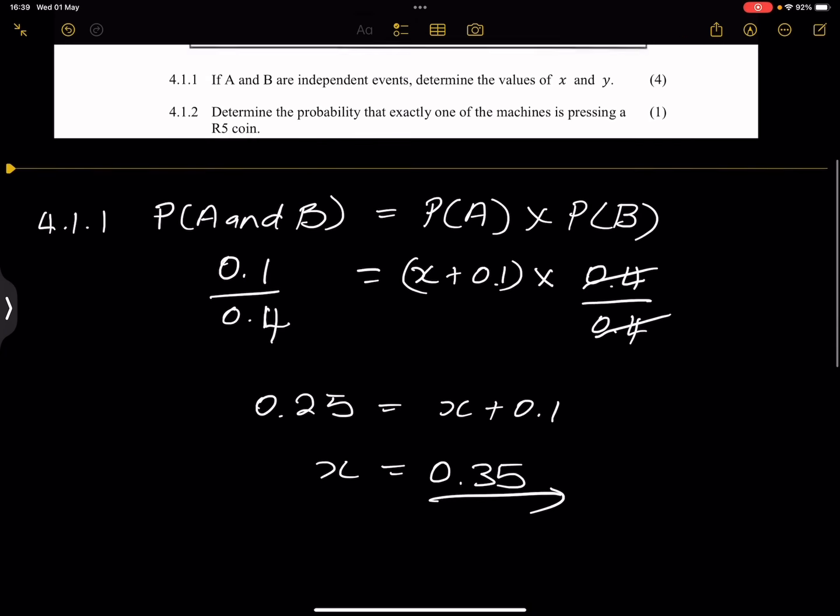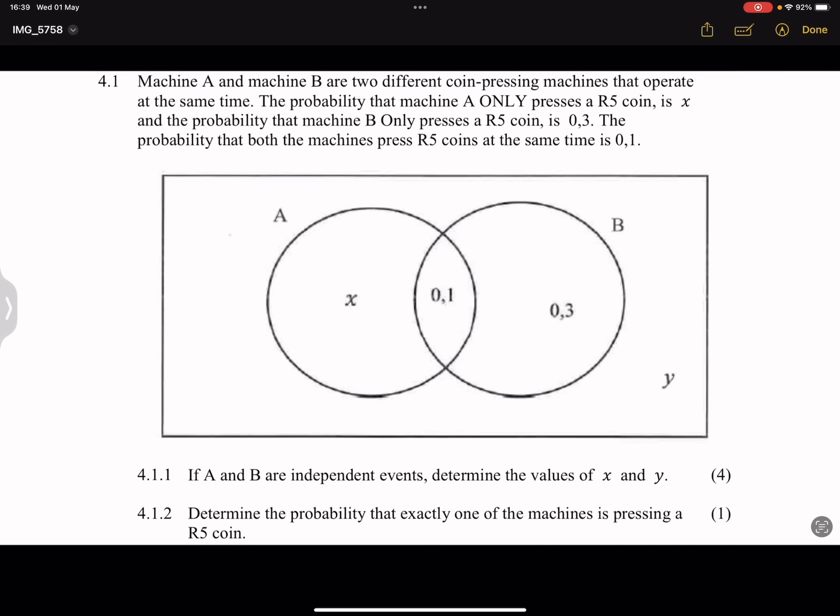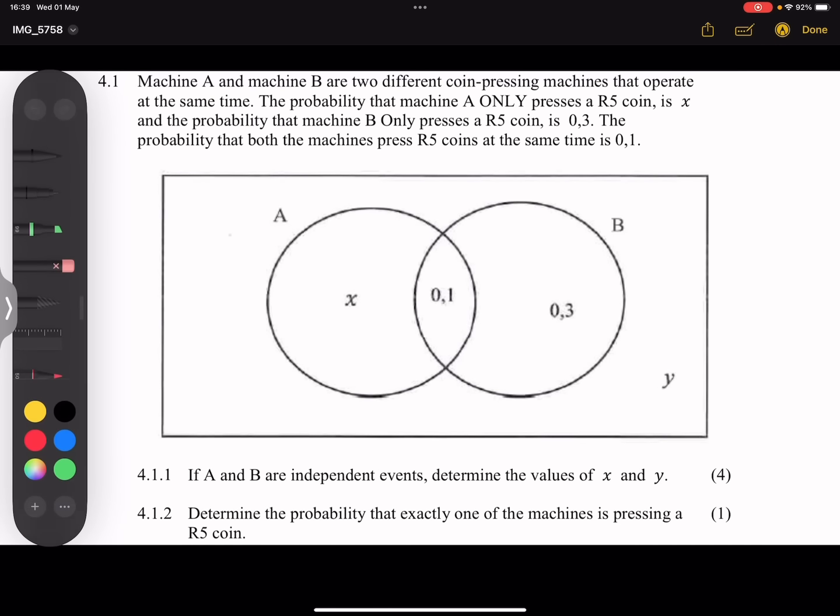So that means that the events are not exhaustive, right? Now they say to us, determine the probability that exactly one of the machines is pressing a 5 Rand coin. Right, now, what are we looking for? We're looking for only one or the other of the machines to be pressing.